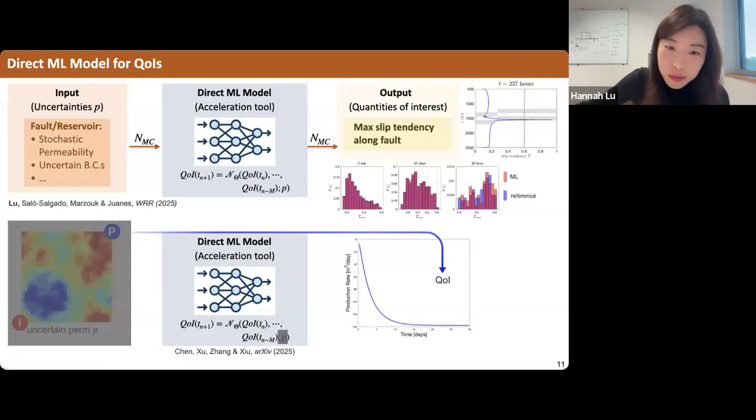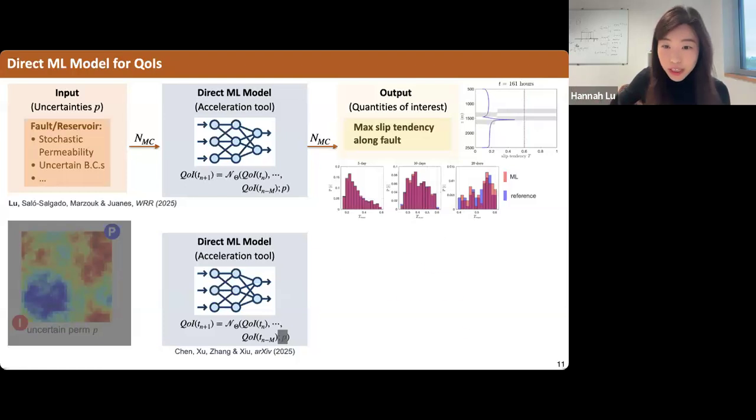But in a more recent methodology work, we can actually learn the quantity of interest at the next time step from just the past few steps of trajectories, without having the parameters as input. This can better deal with the practical setting where the parameters are indeed the uncertainties, and the uncertainties here are our permeability fields.